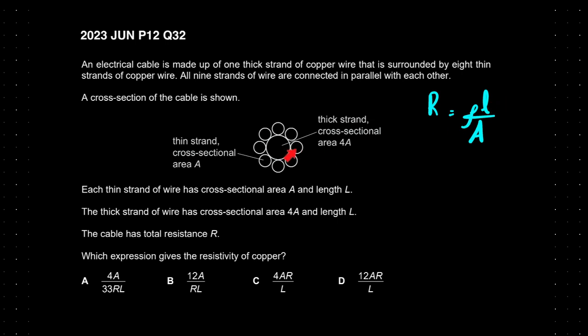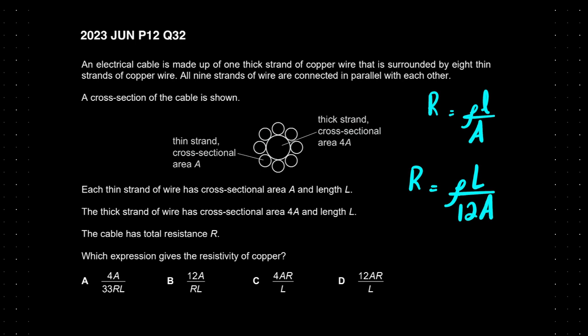If I think about the cross-sectional area, I can see that all of these are basically connected in parallel, right? So it's very easy to identify that this is pretty much like a conductor which has a cross-sectional area of 4A and then 8A because of these. So it's really just R equals rho capital L over 12A.